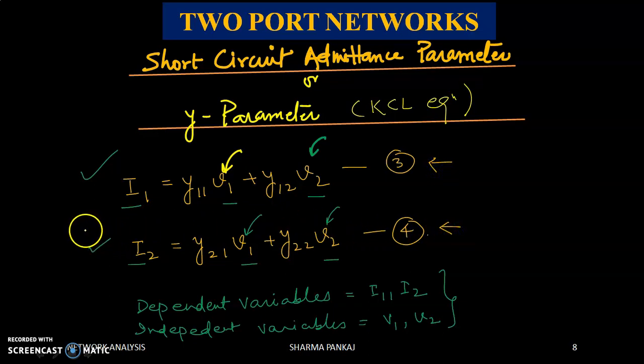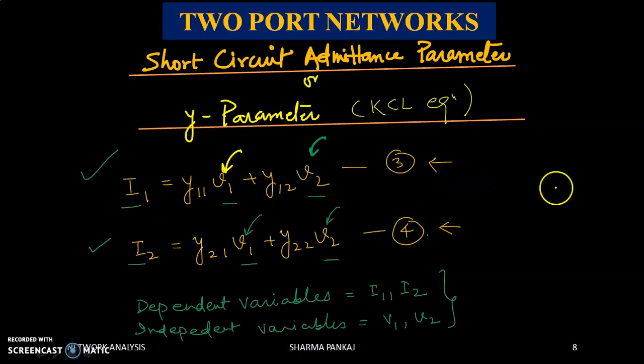We have discussed in Z parameter by taking two equations. Now in this Y parameter I am going to derive all the similar things that we derived in Z parameter, that is transfer admittance, driving point admittance, and we'll see how we are going to treat the port.